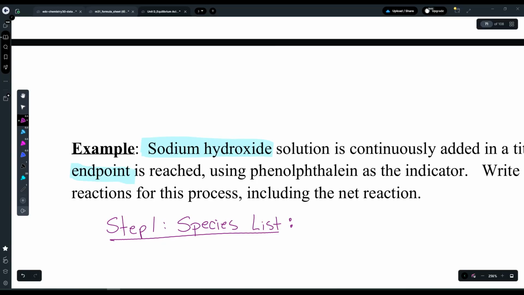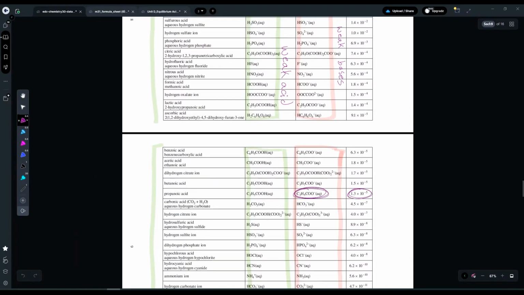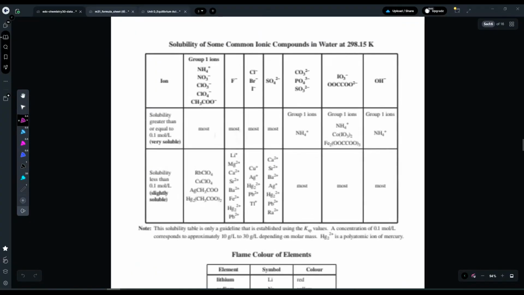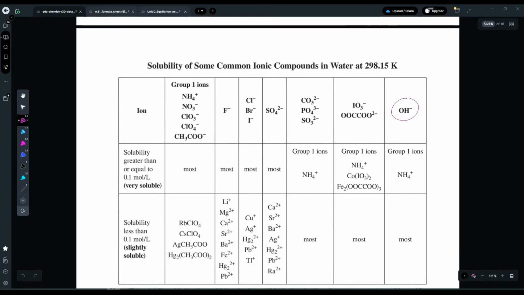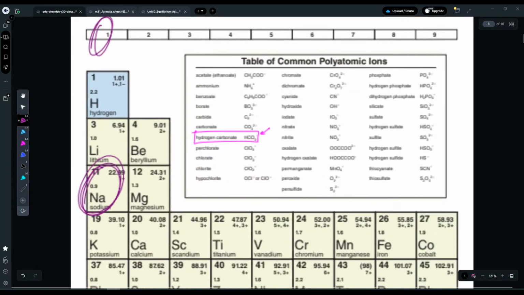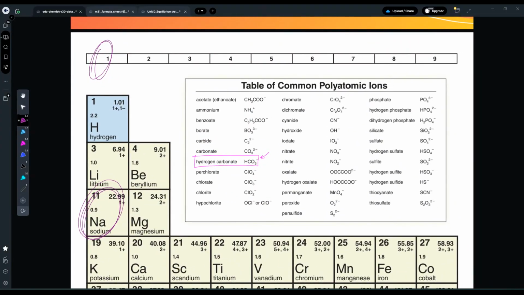Okay, so we're given a sodium hydroxide solution. If we look at our solubility table, hydroxide is right here, and it says with group 1 ions, which sodium is. If you look at your periodic table, I've already got sodium circled on the far left here, so it is part of group 1, or it's in the first column.